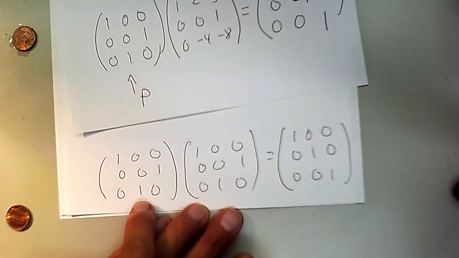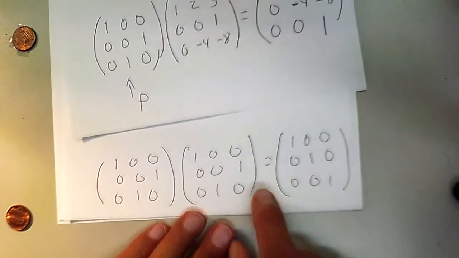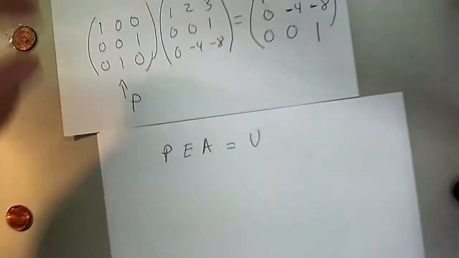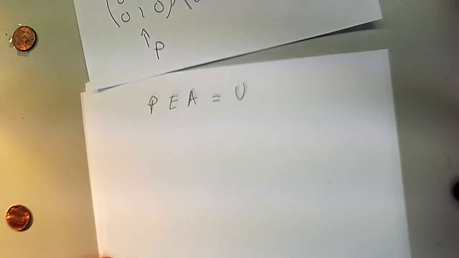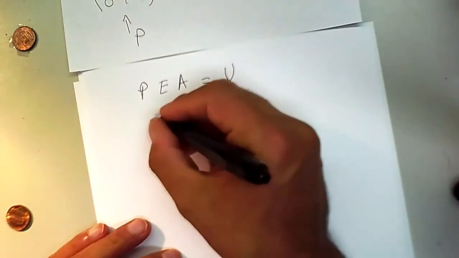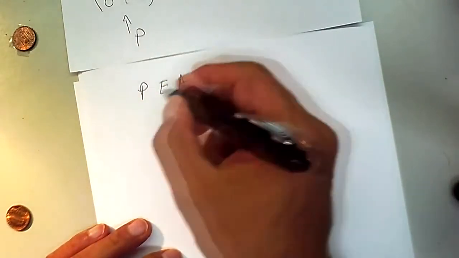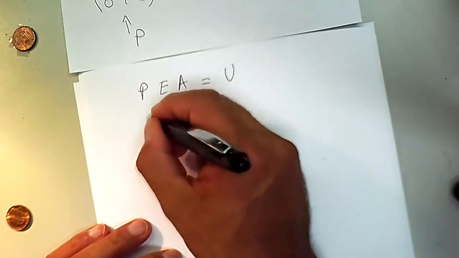So this matrix is an inverse of its own. That's kind of interesting, just like the identity is an inverse of its own. I don't think that is the case for every permutation, though. Not every permutation is an inverse of its own. So that means that we can just multiply both sides by P. Let me do it the way they do it in algebra 1.